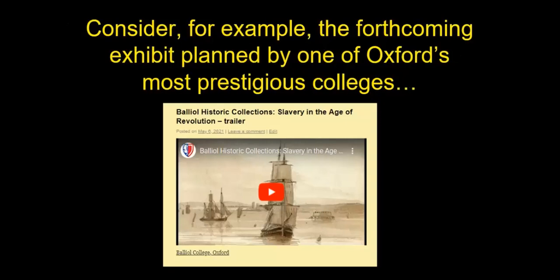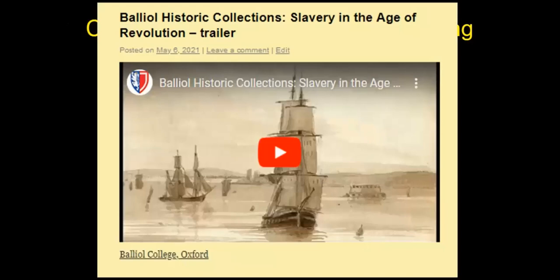Consider this exhibit as an example of what one of Oxford's most prestigious colleges is putting forth as a resource for people to understand and enrich their sense of history.